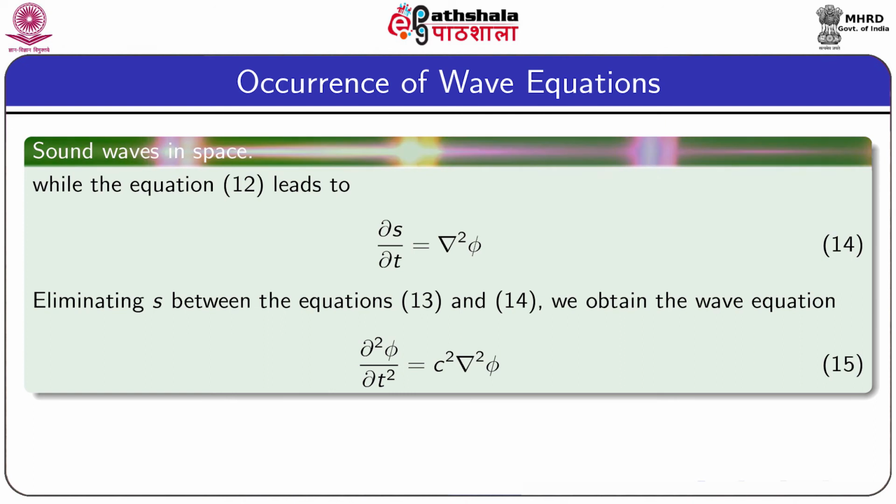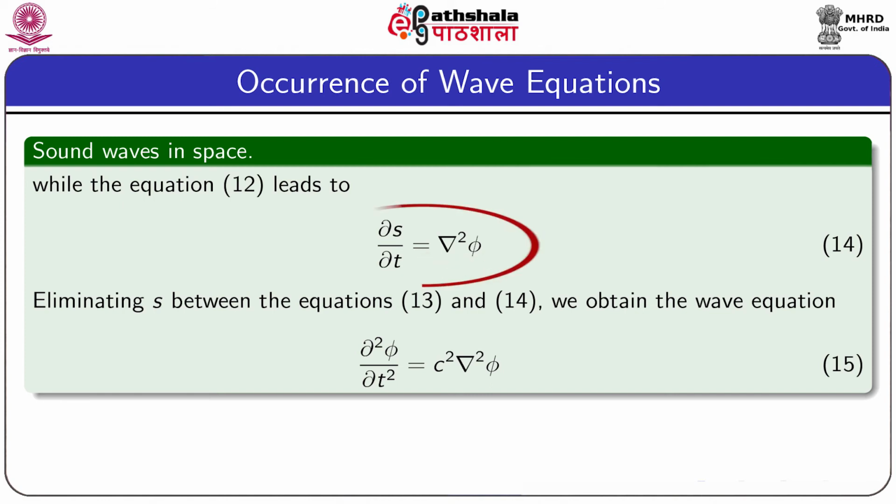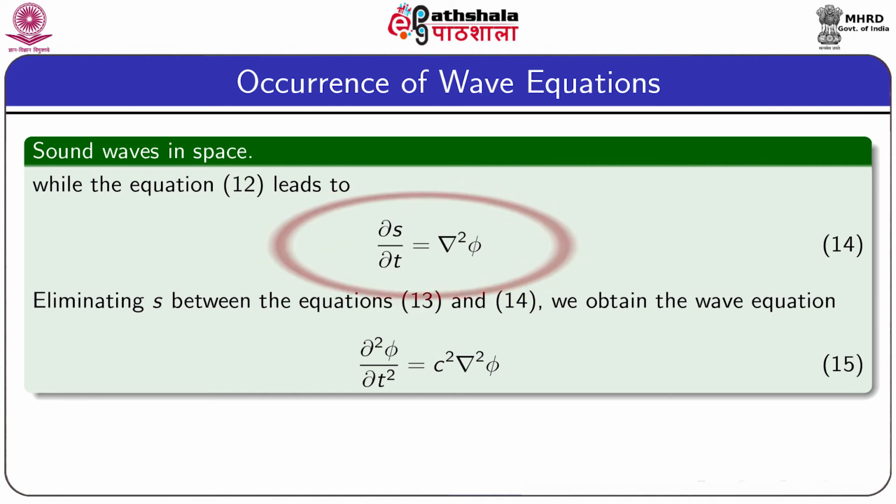While substituting this v equal to minus grad phi in equation 12, it reduces to the form ∂s/∂t equals grad² phi, which is written in equation number 14.